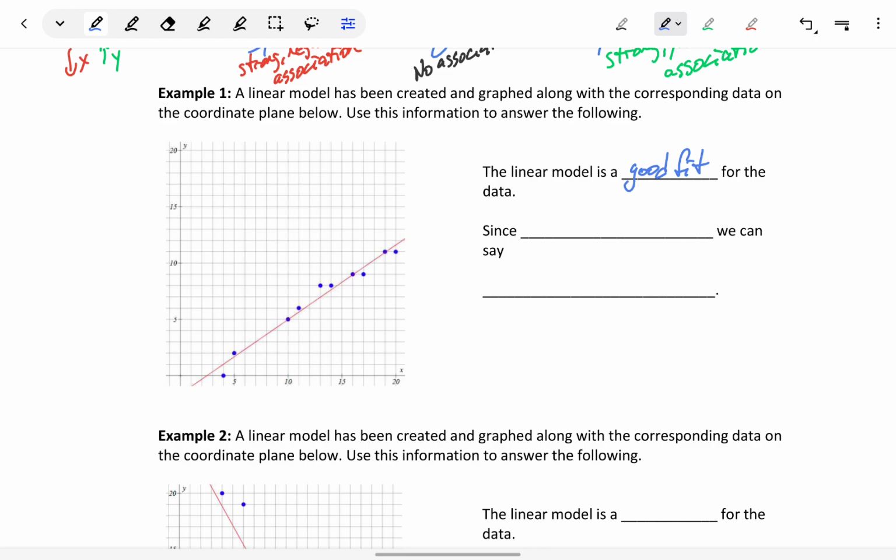Since the slope of the model is positive, then we can say that the correlation coefficient r is likely close to +1.